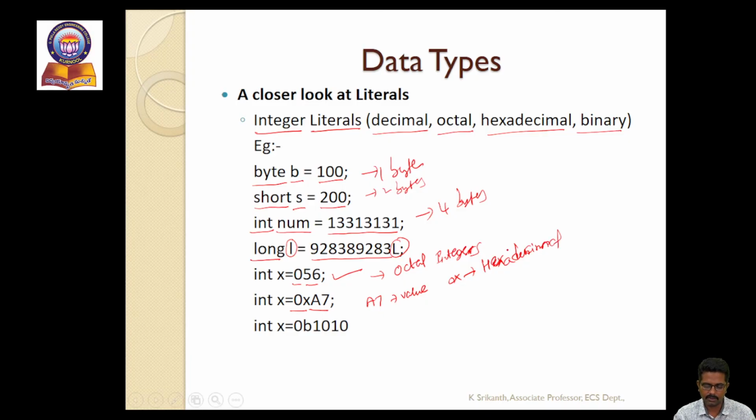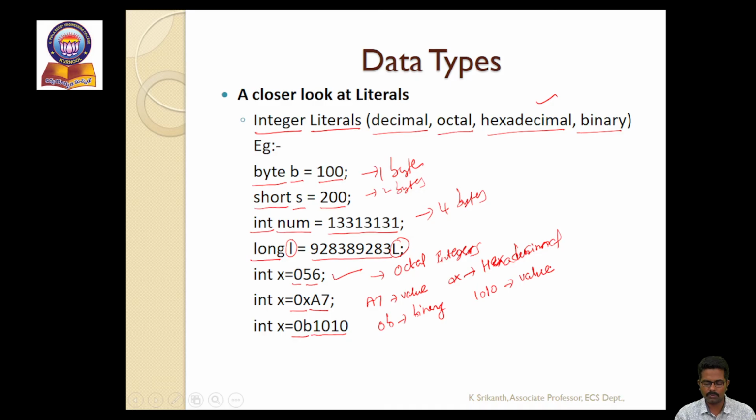So whenever a value starts with 0x, you have to remember that it is hexadecimal format. We have one more example, that is 1010, which is a binary number, and it can be represented starting with 0b. So whenever you start with 0b, it is a binary value. In this example, the value is 1010.